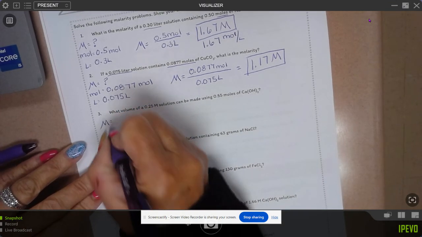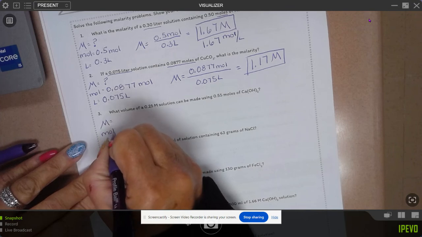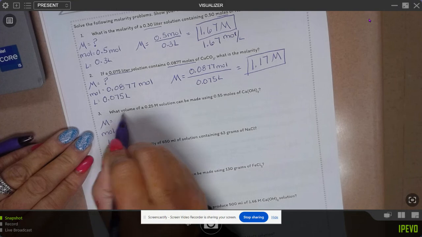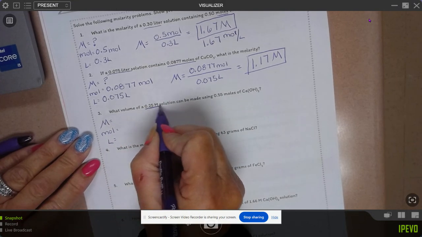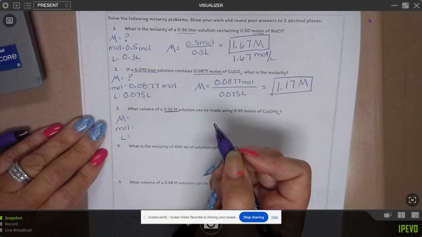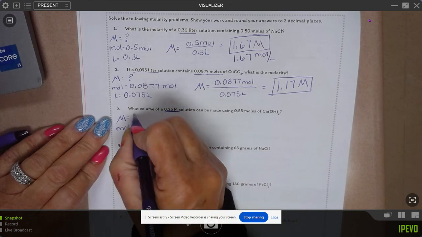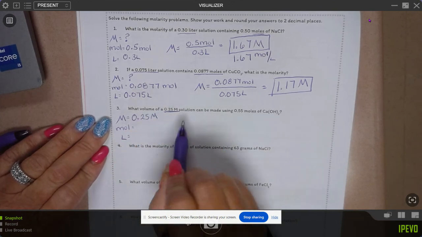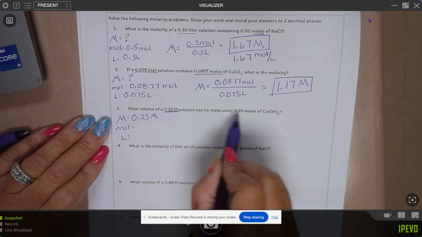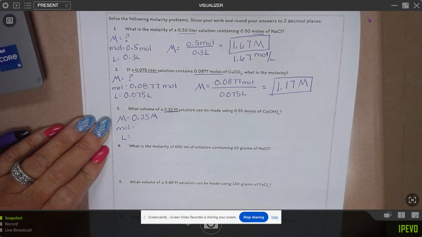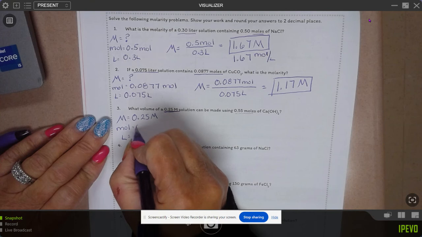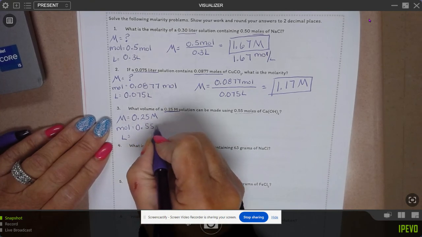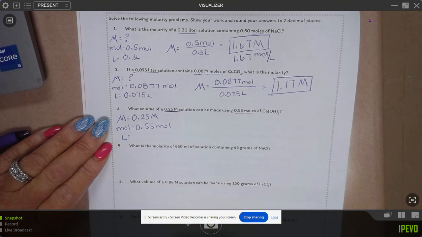So we still need molarity, moles, and liters. All right, so this is what volume of a 0.25 big M, so a 0.25 molar, so that goes here, 0.25 molar solution can be made using 0.55 moles. So this gives us our moles, 0.55 moles of calcium hydroxide.